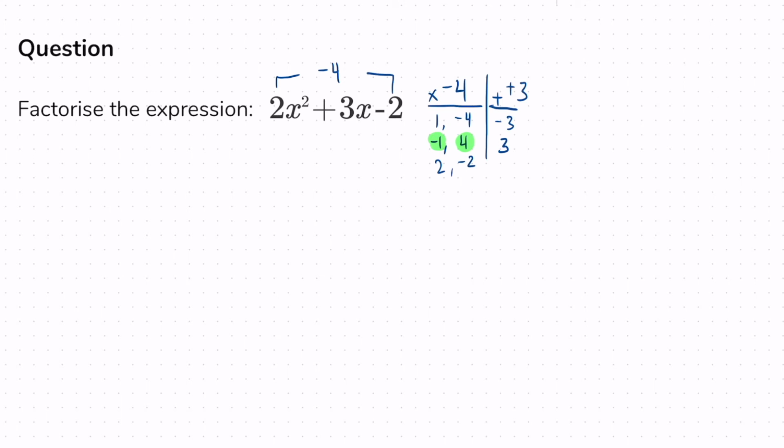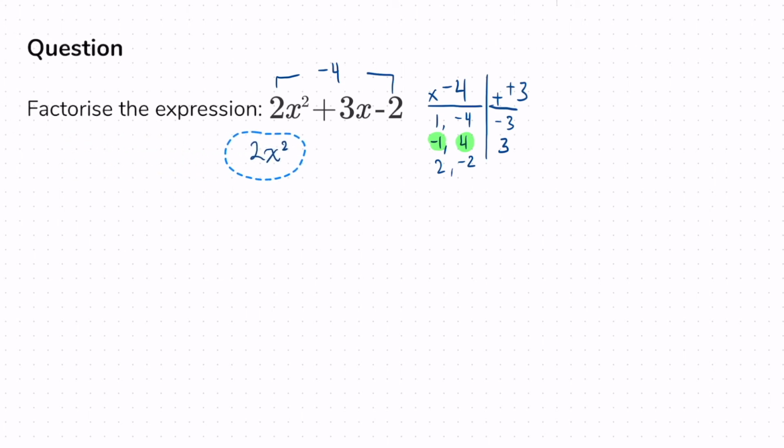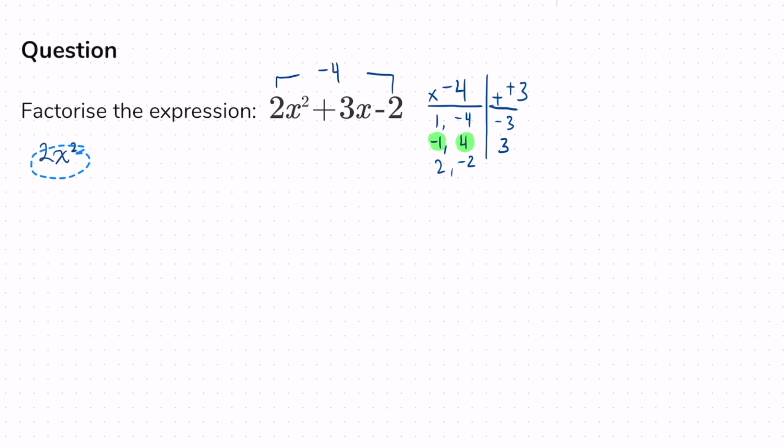Last time I used these in the brackets; this time I'm going to use them to unsimplify, to split up this 3x here. So this becomes 2x squared, and we can do them in either order. We can have 2x squared minus x, we don't write the 1, plus 4x minus 2.